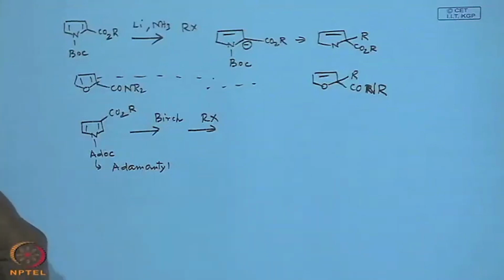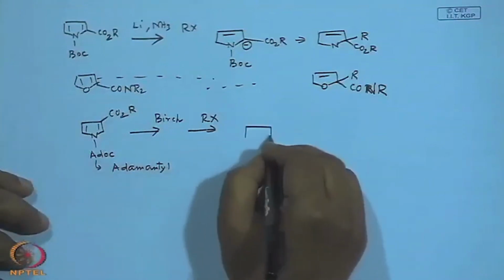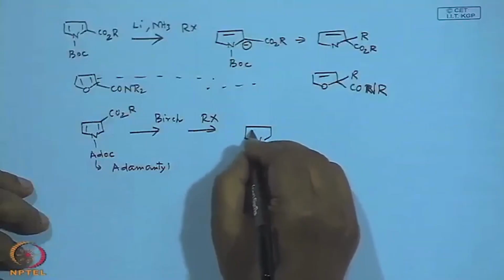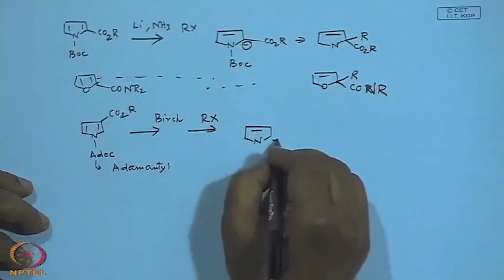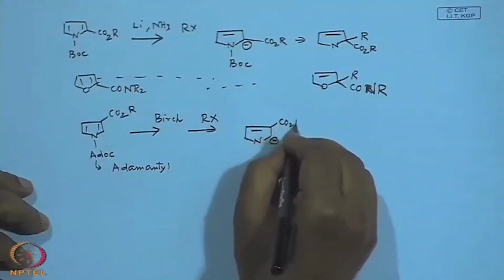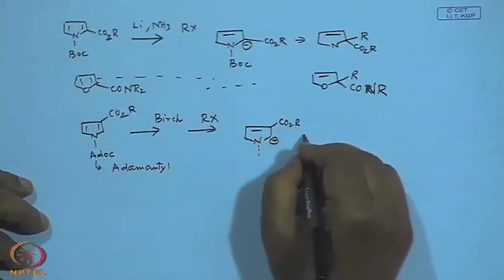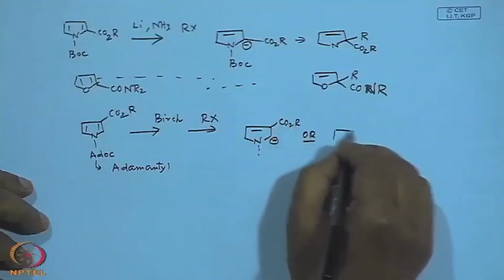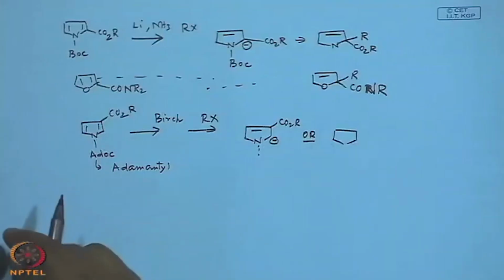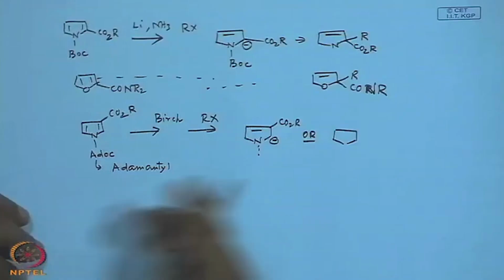So, now the question is whether the Birch reduction intermediate would be like this or what?